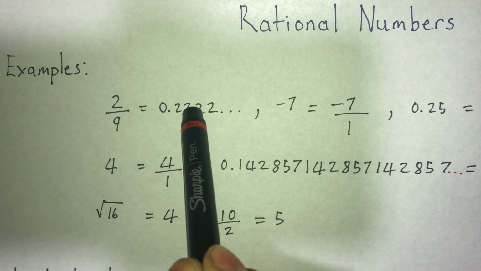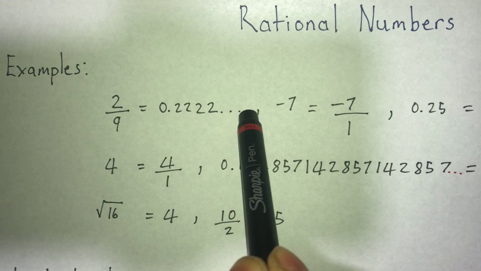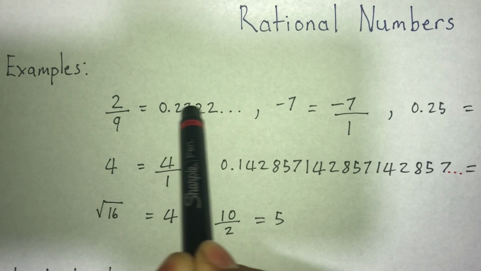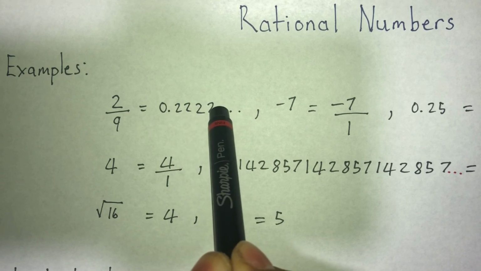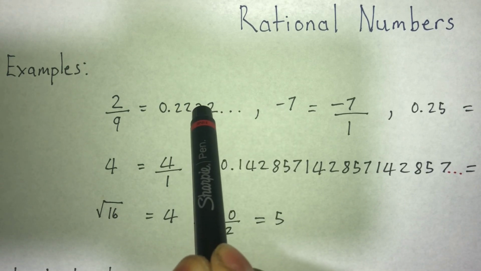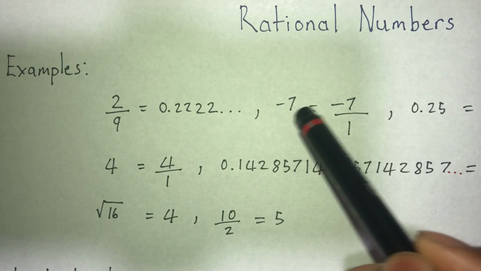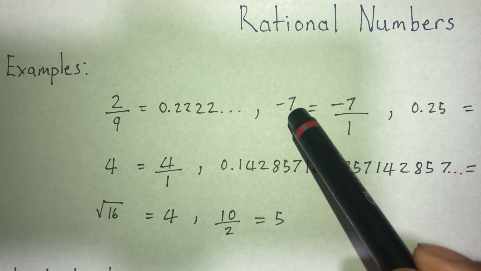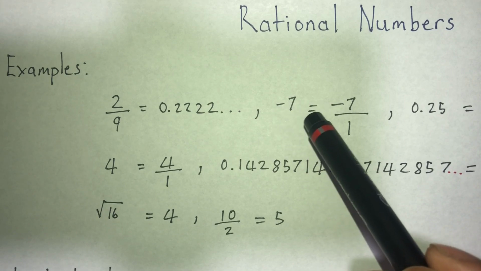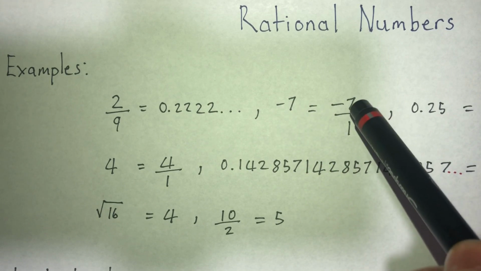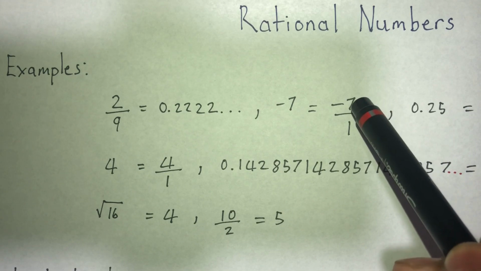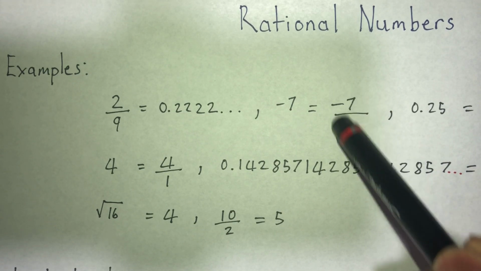It's a recurring, non-terminating decimal. So it repeats itself and it goes on forever. This is a rational number. -7 is also a rational number. See, it can be written in the form p over q.